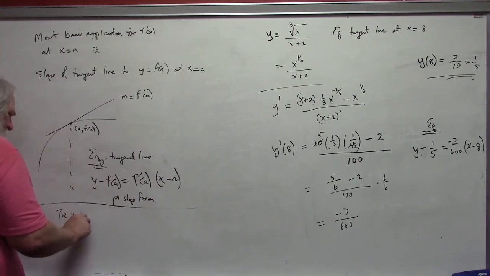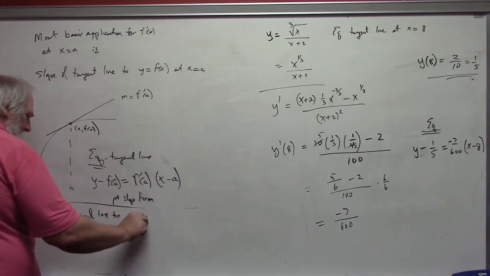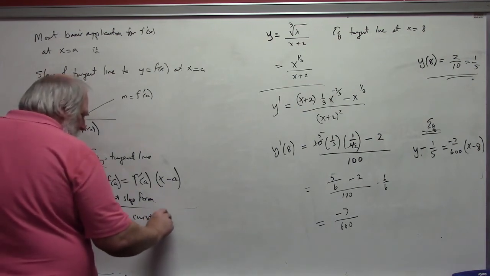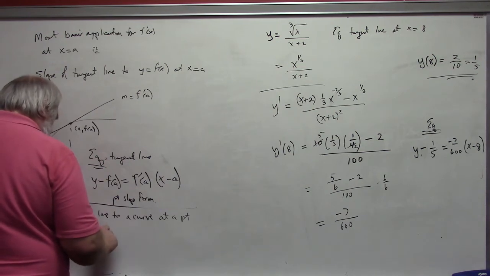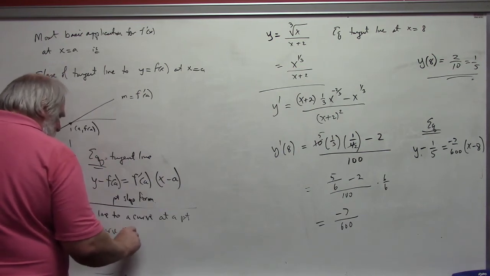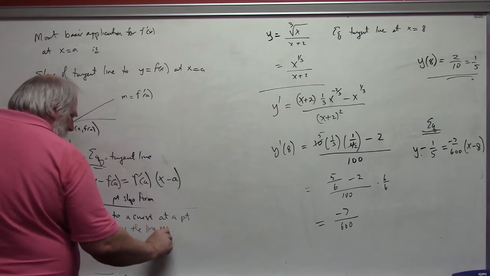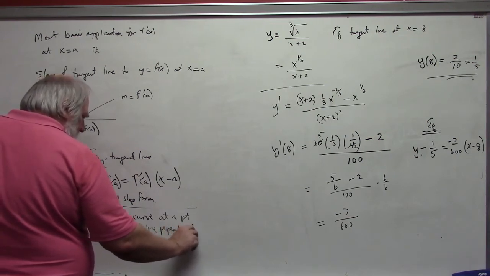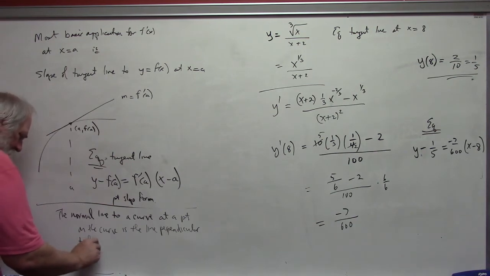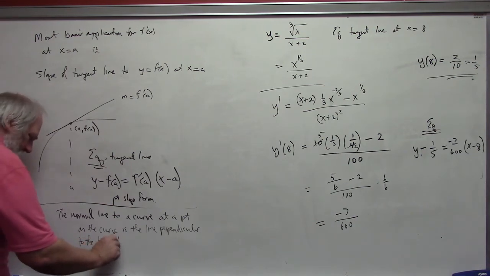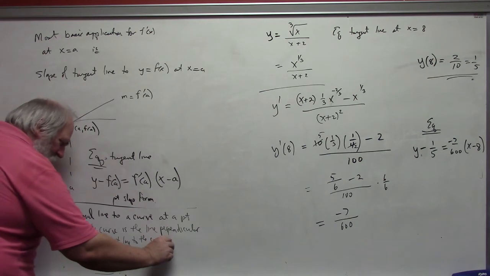The normal line to a curve at a point on the curve is the line perpendicular to the tangent line to the curve at that point.